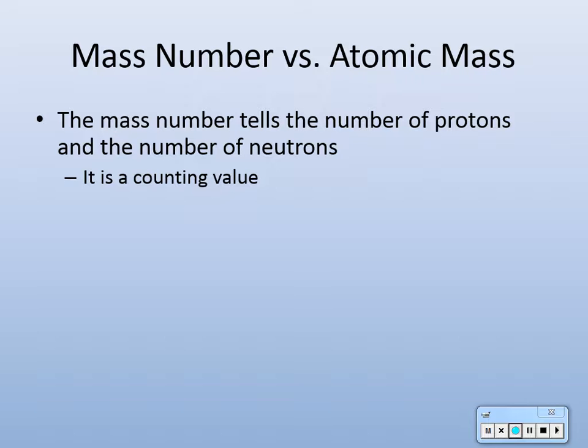Even though it has mass in the name, really it is a counting value. When we sum the number of protons and the number of neutrons, we're always going to get a whole number, right? We're always going to get an integer value because we're just adding.